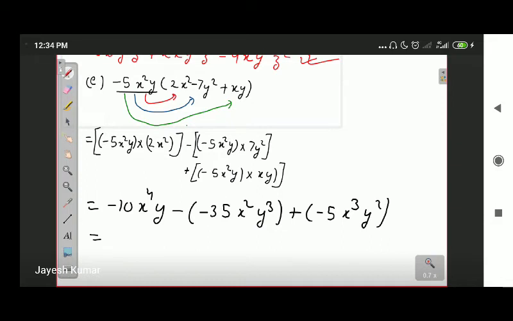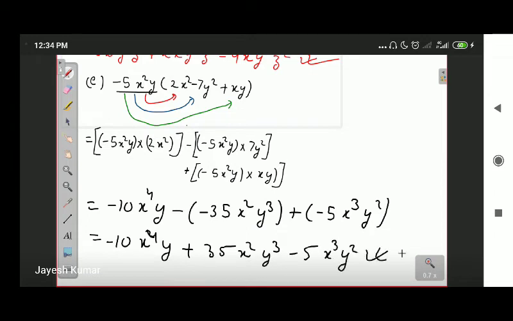So finally minus 10 x to the power 4 y plus 35 x square y cube minus 5 x cube y square. So this will be your final answer.